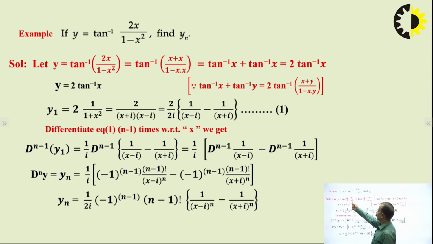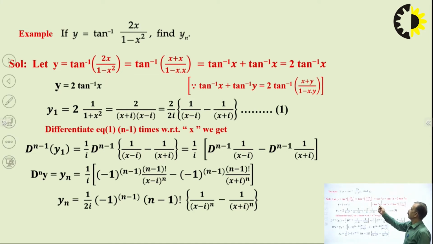Tan inverse 2x upon 1 minus x square. We can write 2x as the sum of x plus x, so it is x plus x divided by 1 minus x into x. We know the formula: tan inverse x plus tan inverse y is tan inverse of x plus y divided by 1 minus x into y.